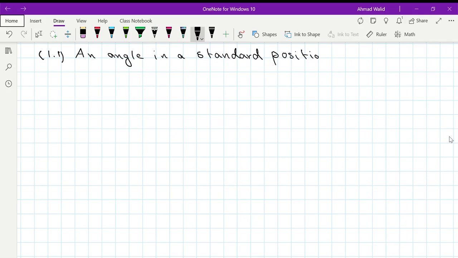How should we know that an angle is in a standard position, correct? There is a very easy definition for how you should know that an angle is in a standard position.